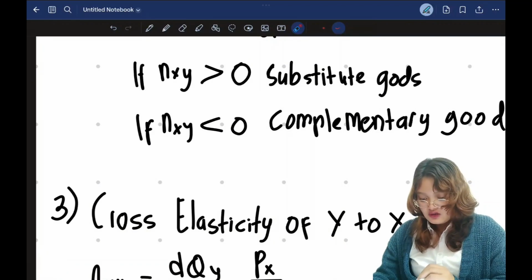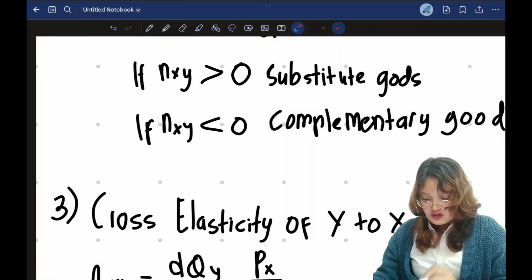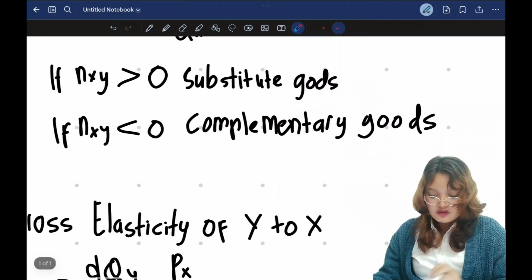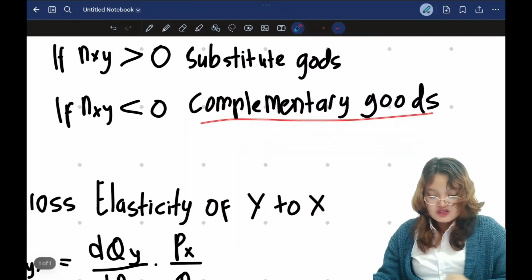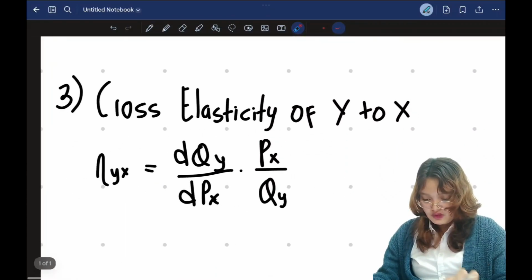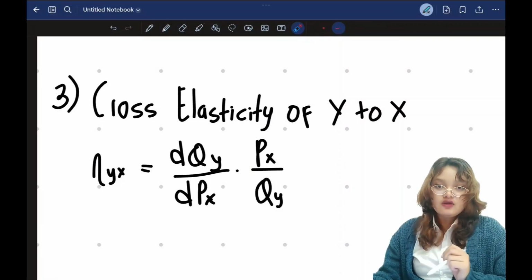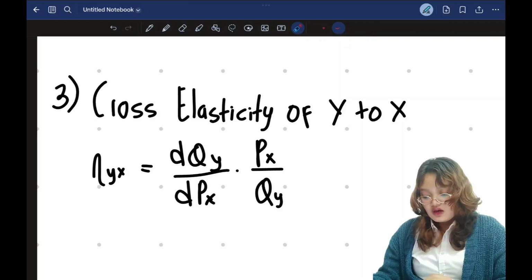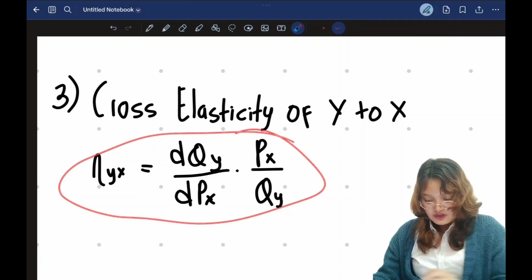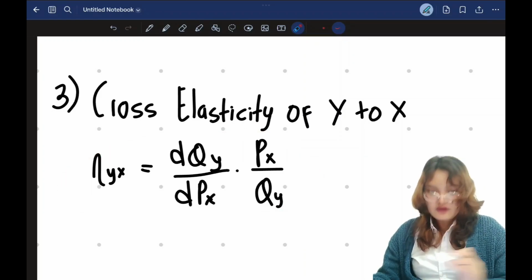If NXY is smaller than 0, it means complementary goods. Next is cross elasticity of Y to X, NYX equals partial QY per partial PX. So this is the formula.